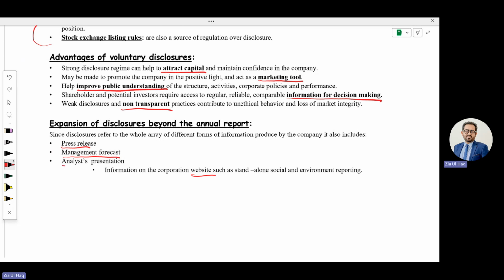Or a company can arrange a seminar where the company can call some business analysts and ask them to provide information about the company, to talk in the best interest of the company, to talk positively of the company. So disclosure beyond annual reports means where else a company can disclose things other than annual reports: through press release, through management forecast, through analyst presentation, through company website or social media pages.